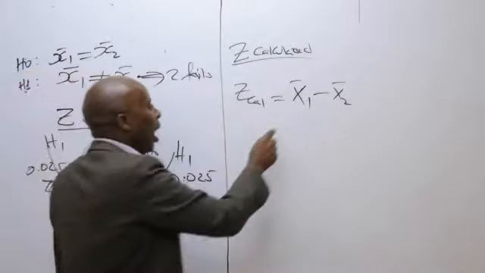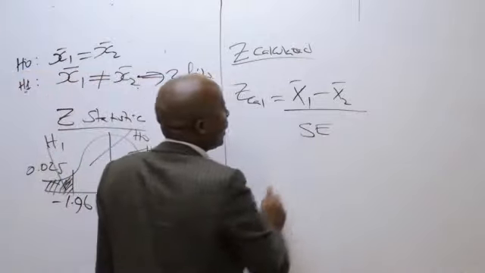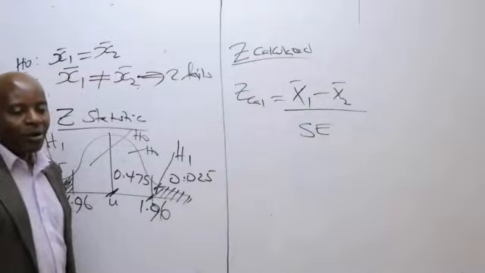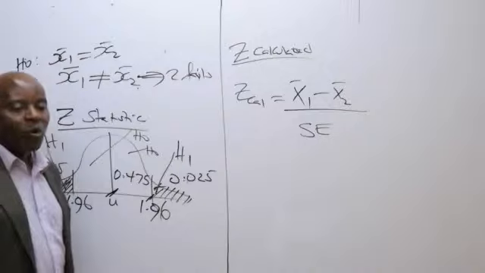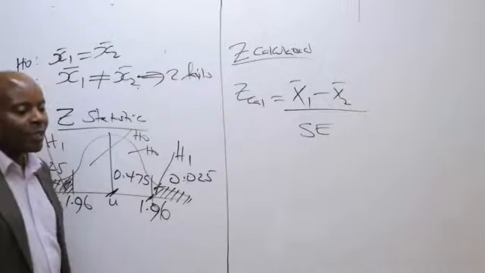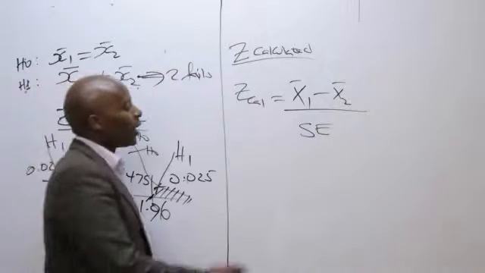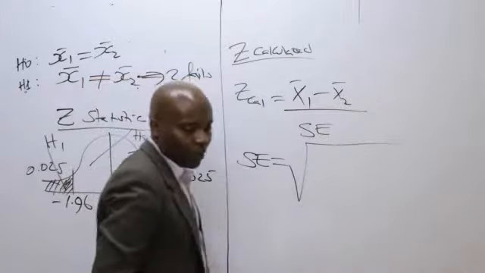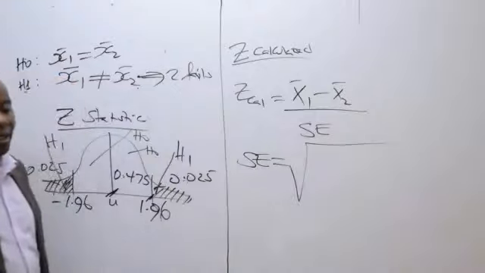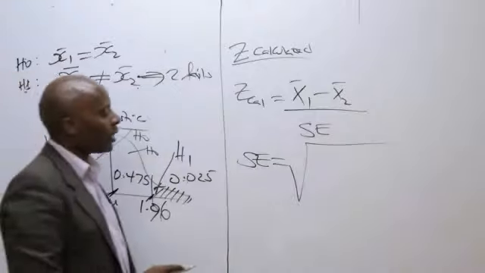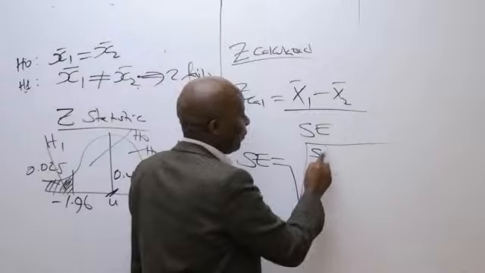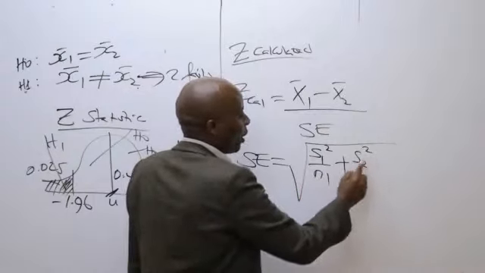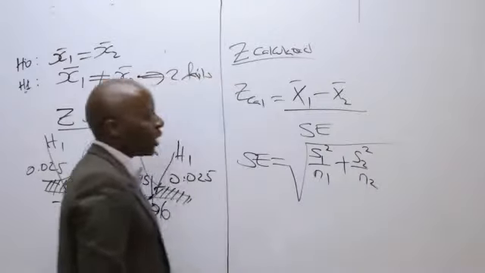All over the standard error. Remember, whenever you've got two samples, the standard error will look like this: square root of the standard deviation of 1 squared all over n1 plus standard deviation of 2 squared all over n2.